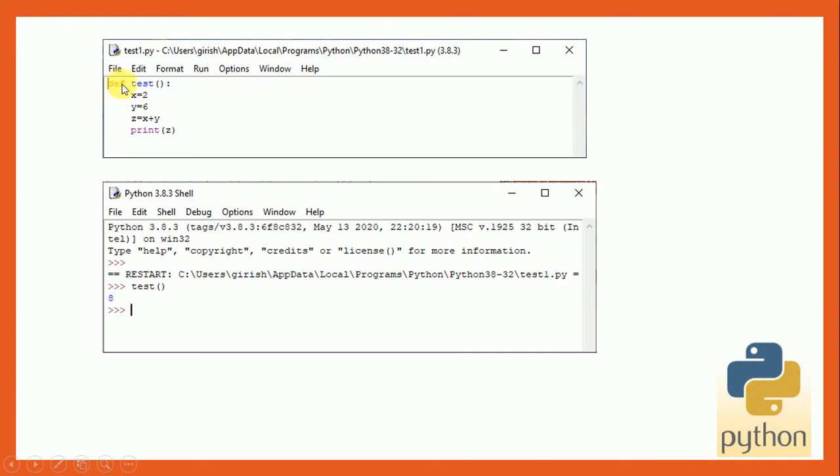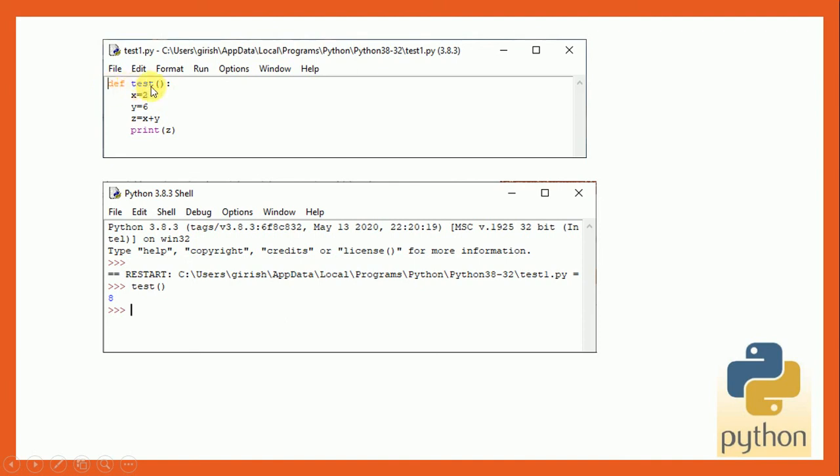So def is actually the keyword. In order to define a function, we require a function body. This is our function body. We are defining what calculations or computation that a particular function has to do. For that, we are first using def. def is a keyword. After that, the function name, the parenthesis and a colon.